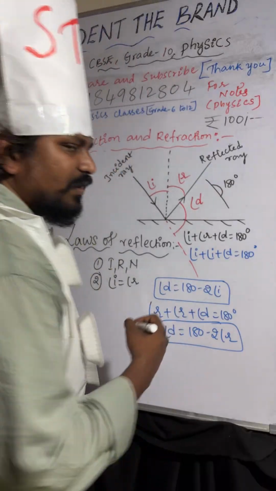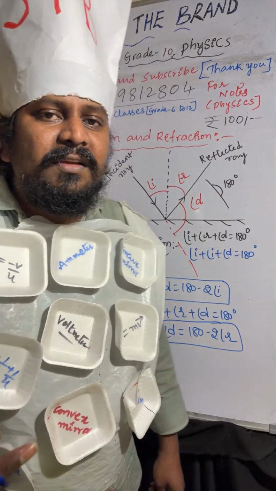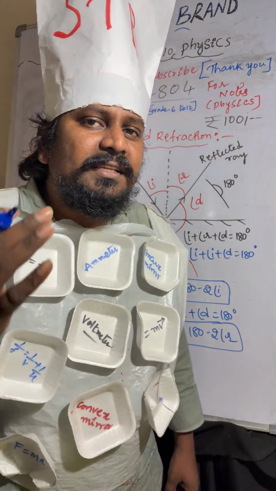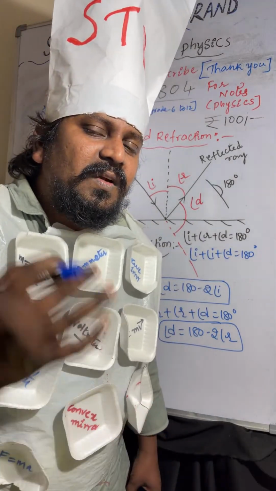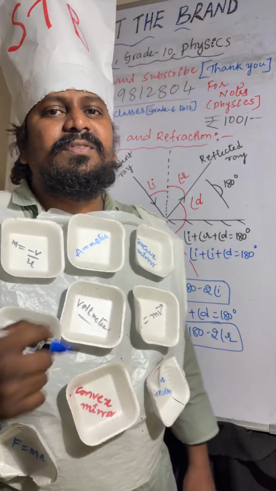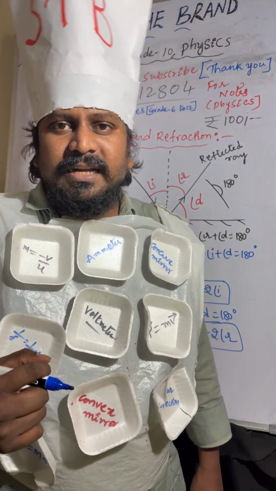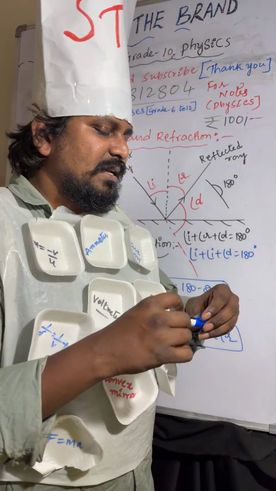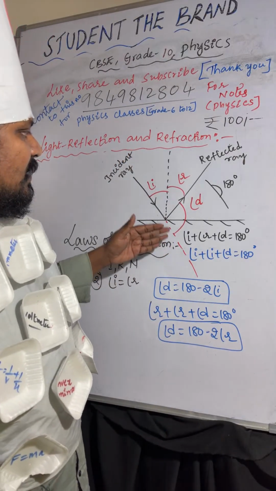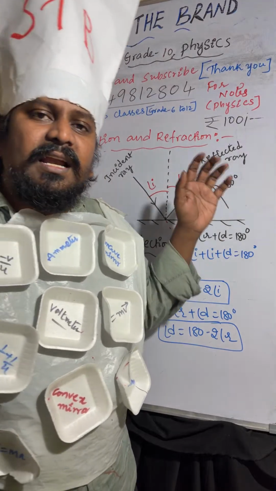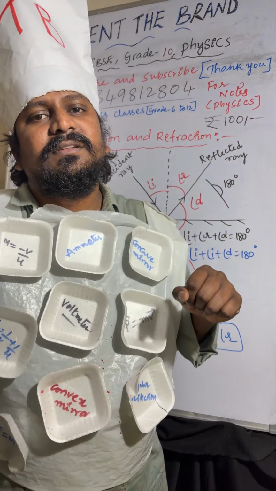Angle of deviation formula: angle of deviation equals 180 minus 2 angle of incidence, or angle of deviation equals 180 minus 2 angle of reflection. So that is about angle of incidence, angle of reflection and angle of deviation.